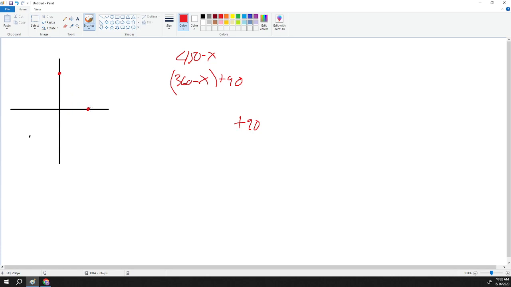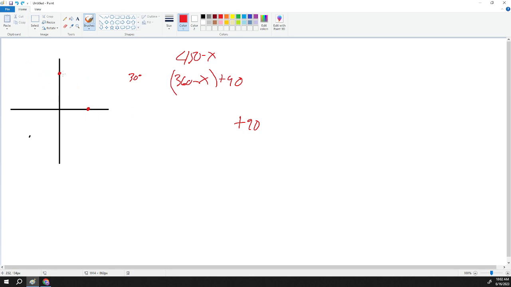So our offset, we should have a plus 90. So x plus 90. What happens is if I say 30 degrees, originally this would have been our 30 degrees. But since we offset it by 90, instead of starting here, we start here now. That is 30 degrees. So all in all, 30 plus 90 will be 120 degrees.